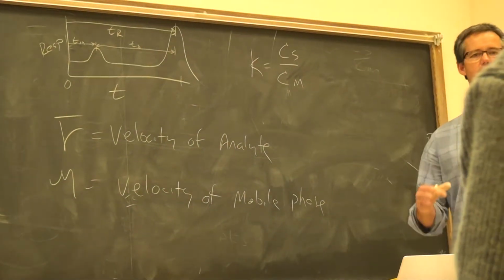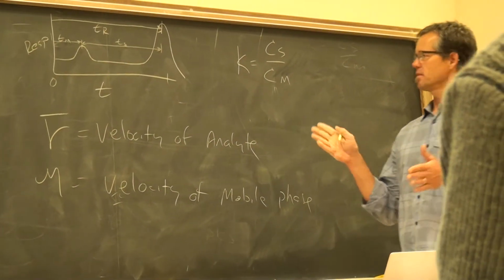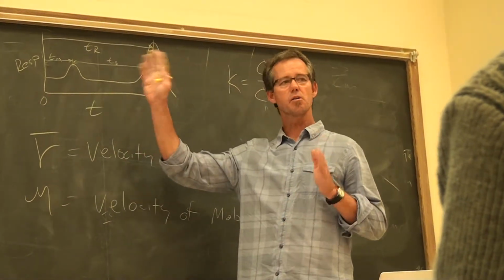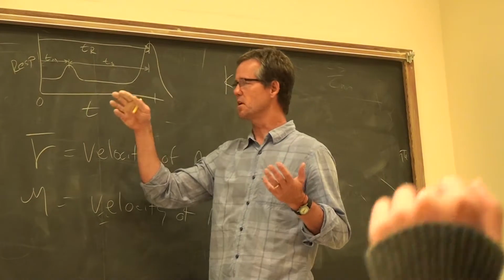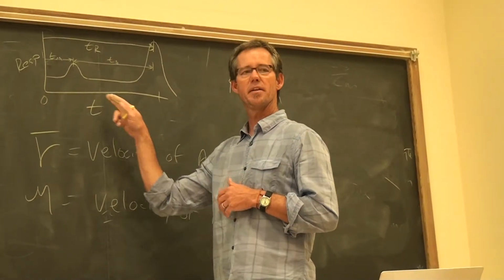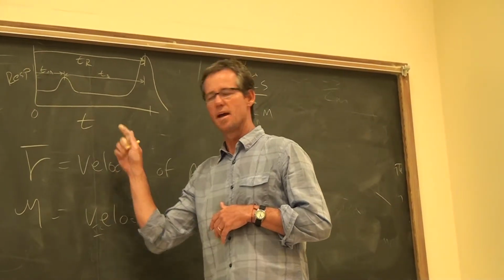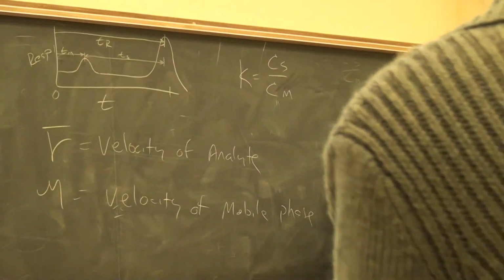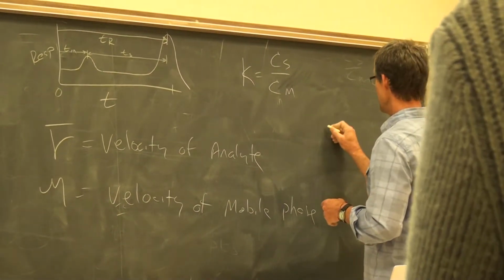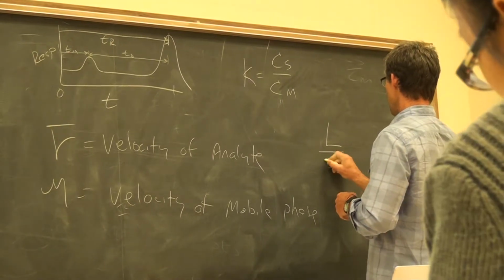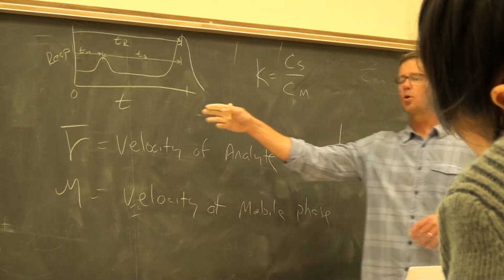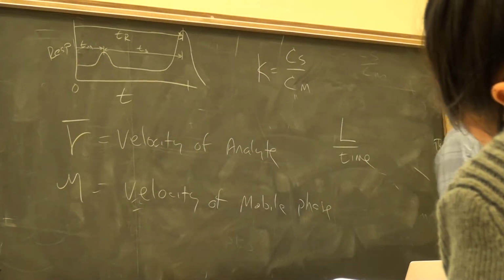Okay. And now, let's take a step back and make sure we're clear on something. When we generate a chromatogram, all chromatograms, for the most part, that we'll be talking about, have time on the x-axis. Okay? And so when we think of velocity, what we're talking about here is some length over time. And we know the length because we know how long our column is.